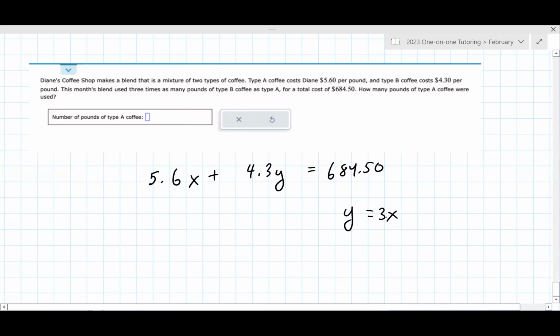Okay. So do you want to try solving this? Yeah. And I got 37.